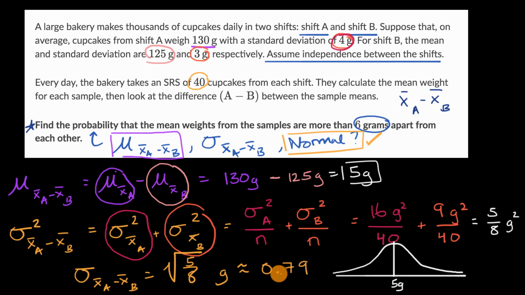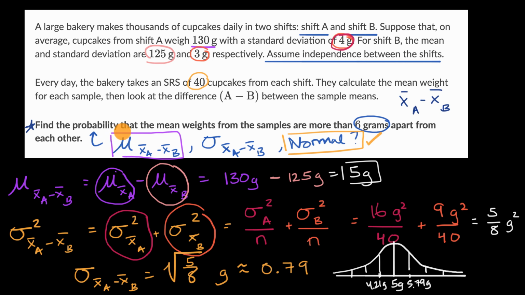And we know that the standard deviation is roughly 0.79 grams. So this is 1 standard deviation above, maybe 2 standard deviations, 3. This is 1 standard deviation below, 2 standard deviations below, 3 standard deviations below. This right over here would be 5.79 grams. This over here would be 4.21 grams.